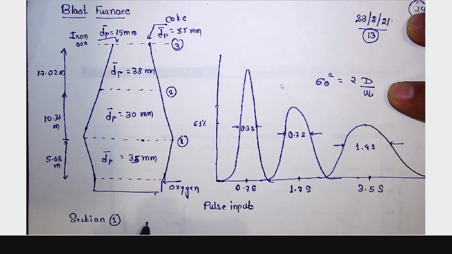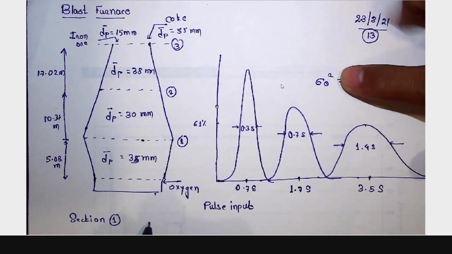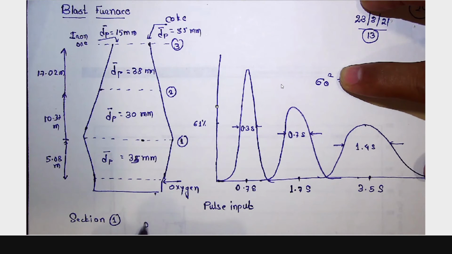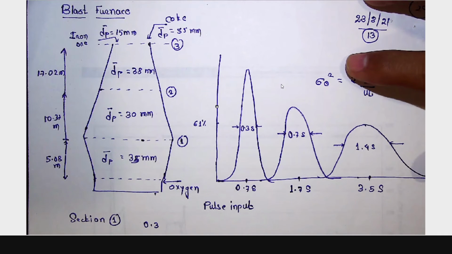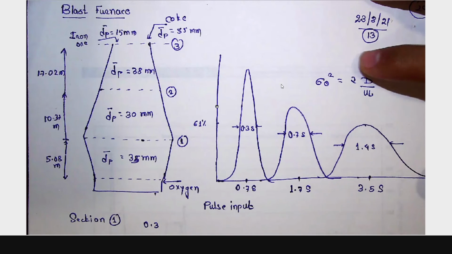So sigma theta square, that is 0.3 divided by 0.7 whole square.